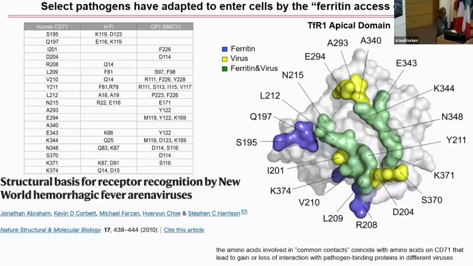And actually, it is these amino acids that lead to changing specificity when these viruses jump to different species. So this makes sense. So the viruses change their host specificity when they change the residues that recognize this region.